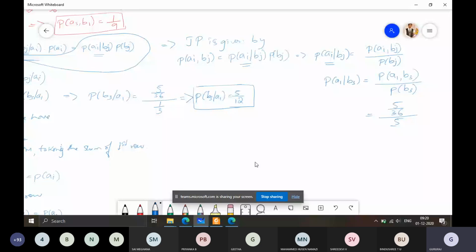So this implies P of A1 by B3 is equal to 1 by 2. Okay, so any doubts here? So this is the answer for the second sub question. Fine. Any doubts? No, sir.